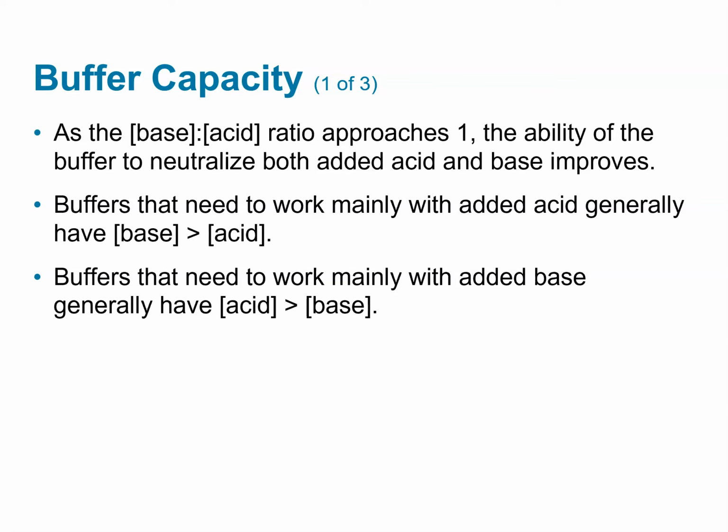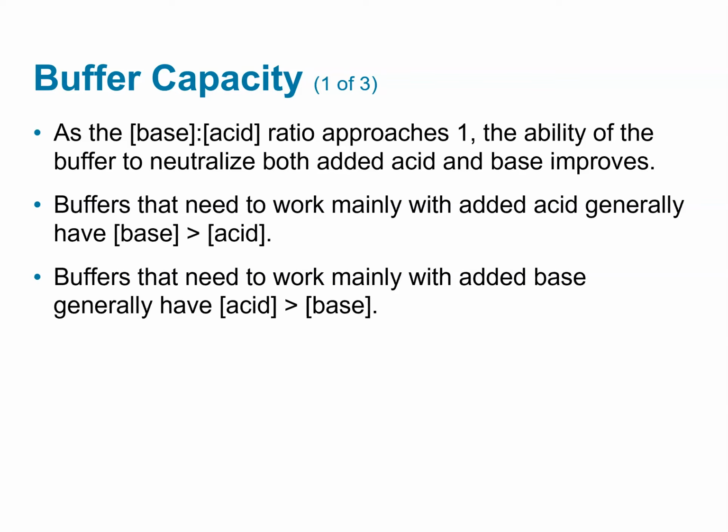However, if a buffer needs to work primarily with resisting acid that's being added to it, it's better to start with more base. Because if you know you're just adding acid and you're resisting acidification, you don't need to have a whole lot of your weak acid present, because that acid's going to be primarily reacting with your conjugate base in the buffer. So more base is preferable if you're only resisting acid.